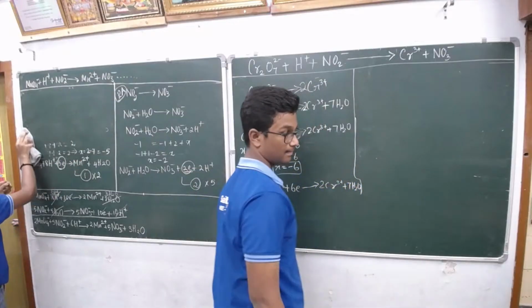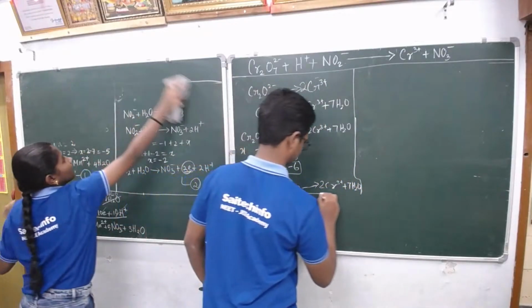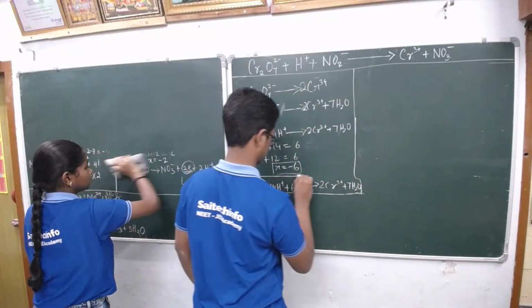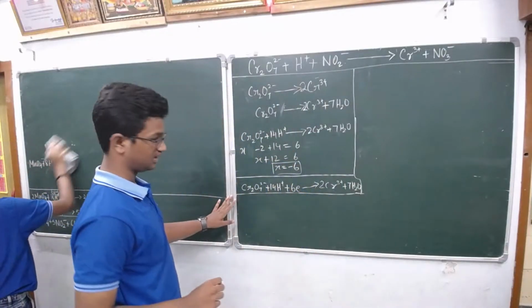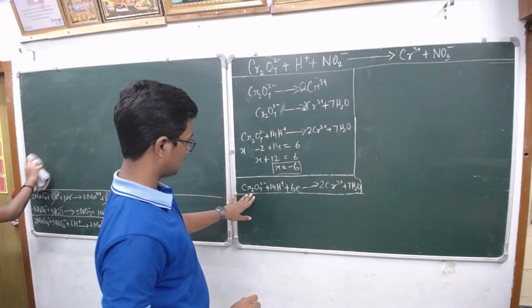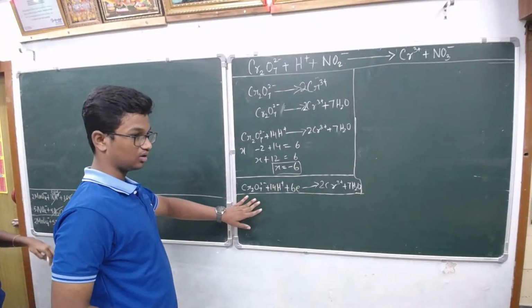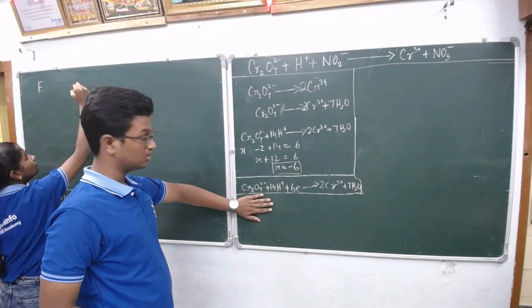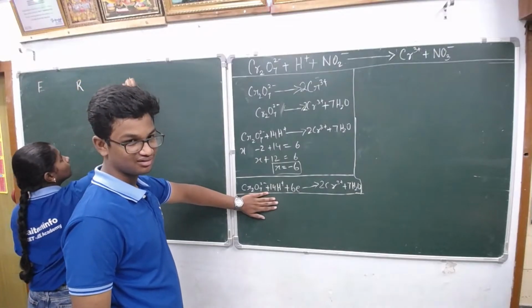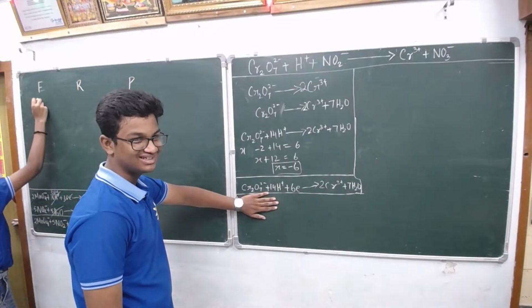First put the line, except the last line. So declare this as the balanced half cell reaction. What is that reaction? Oxidation or reduction? Is it oxidation? Reduction. Is it reduction? Yes.